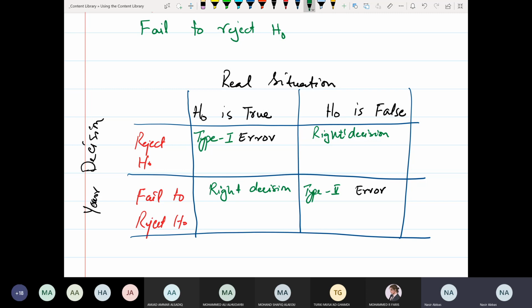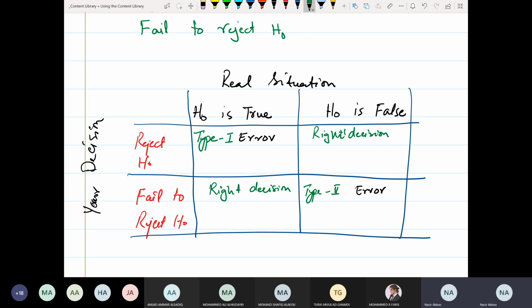For example, if you are a judge and you become a very strict judge, you start sentencing almost everyone, you start declaring everyone, even with a little doubt, criminals. So if you are strict, you will be making type 1 error very frequently. Your probability of type 2 will be very small because you are almost declaring everyone.